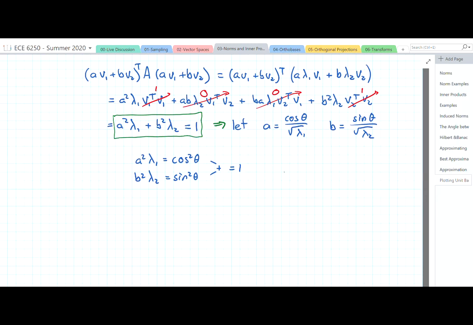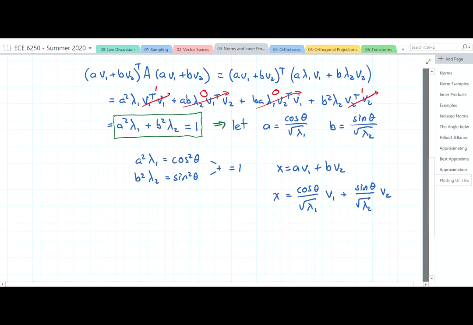And remember, we had x equal to a V1 plus b V2, which is now equal to cosine theta over the square root of lambda 1 times V1 plus sine theta over the square root of lambda 2 times V2.